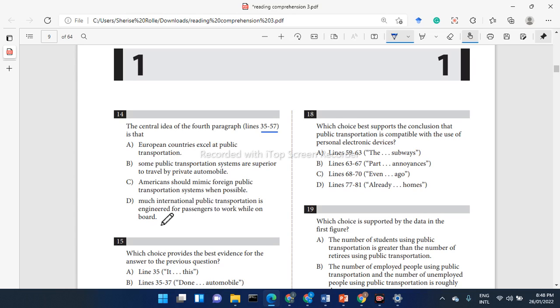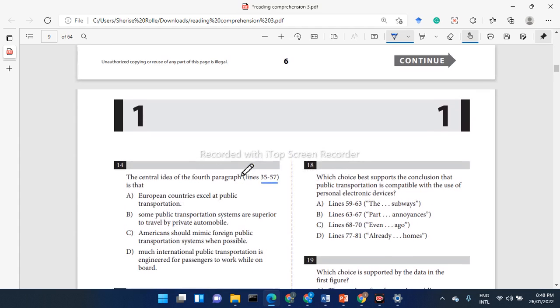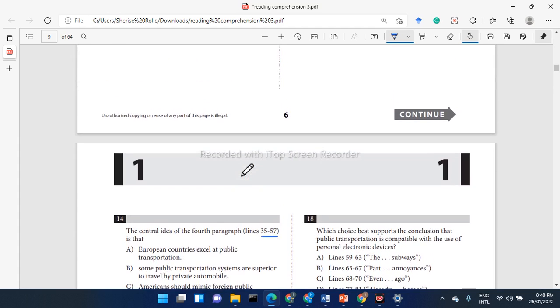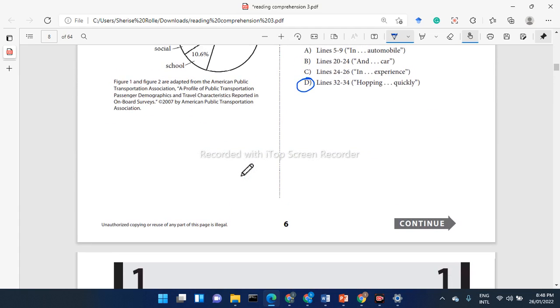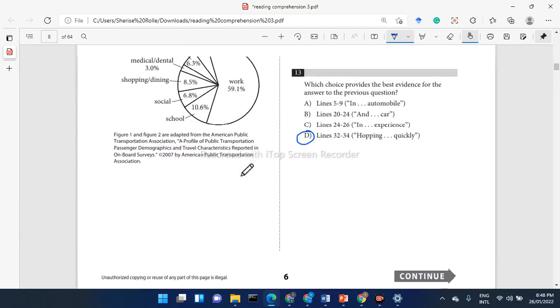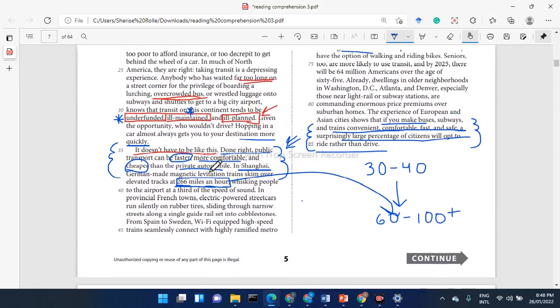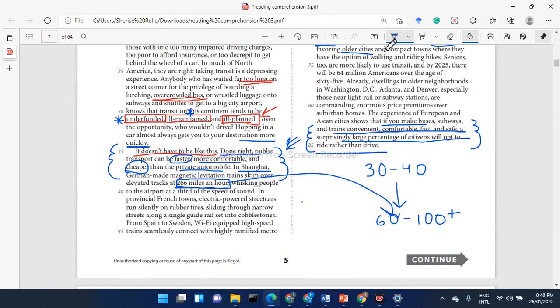Number 14. I think it's B. So let's look at lines 35 to 57. Let me erase these things to make it clear.